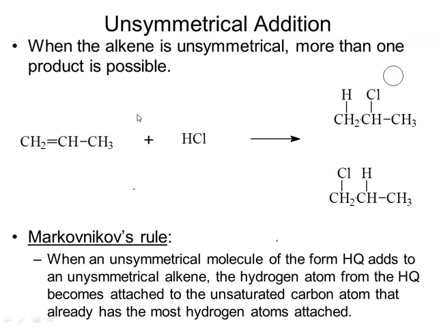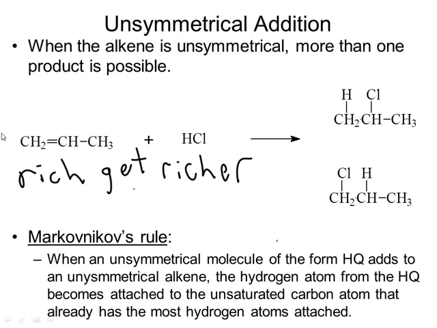Now, there's a little saying that I like to add on this that maybe is a little silly, but I think it helps you remember which way it goes. And it's always, remember, the rich get richer. The one that already has the most hydrogens. So if we look here, this carbon has 2 hydrogens. This one only has 1.